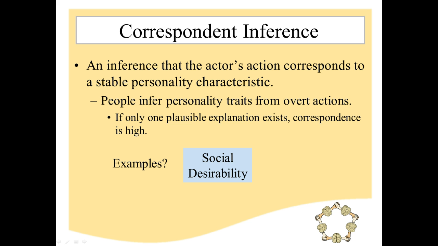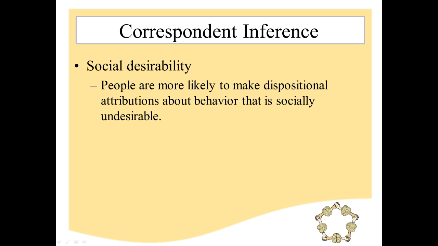One thing it depends on is social desirability, and a second is choice. So let's have a quick look at social desirability. People are much more likely to make a dispositional attribution about a behaviour that is socially undesirable.